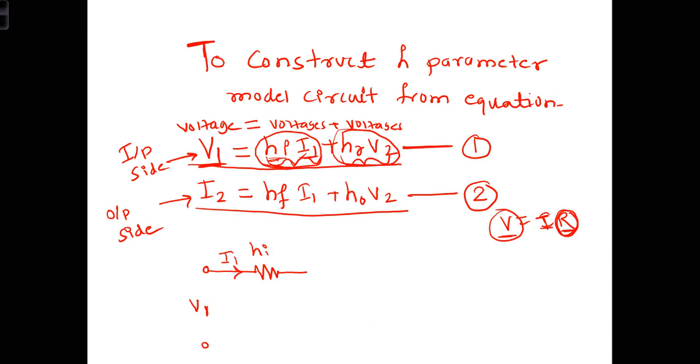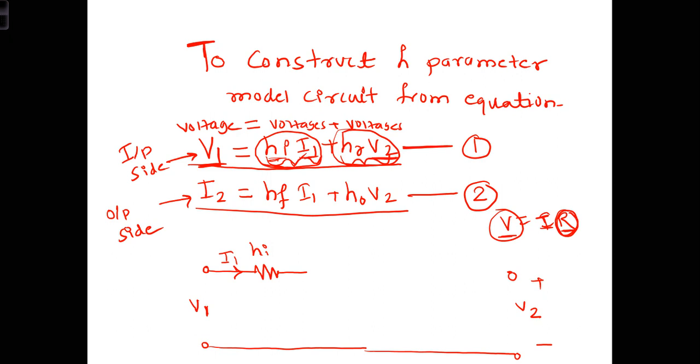Now the second term is what? HR into V2. Now this is voltage V2. What is V2? It is somewhere at the output. When we see the output side, we will draw that V2. So this is your V2. This V2 is multiplied by HR.